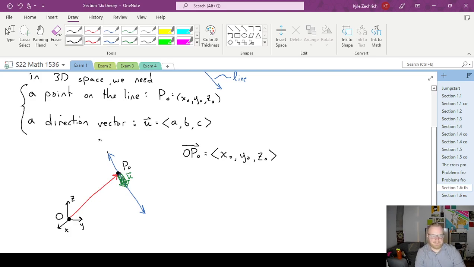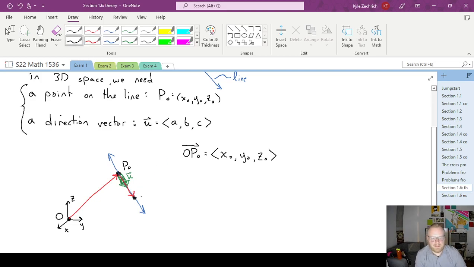So to make that nice and generic, I'm going to say this vector is going to be some scalar of u. I'm going to use 2u in my visual example, but it looks like that. So this is some scalar of u.